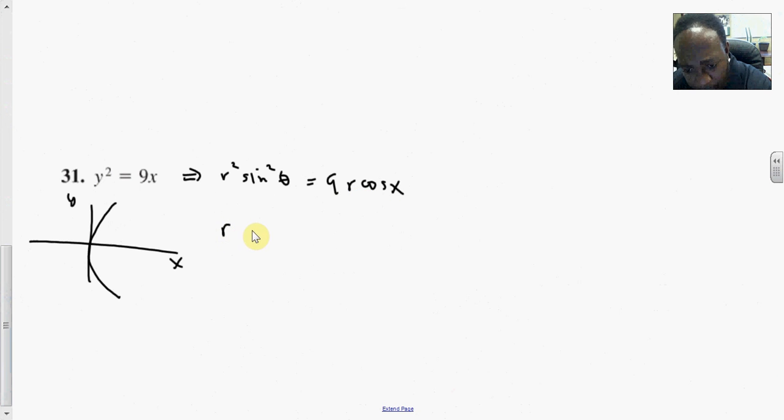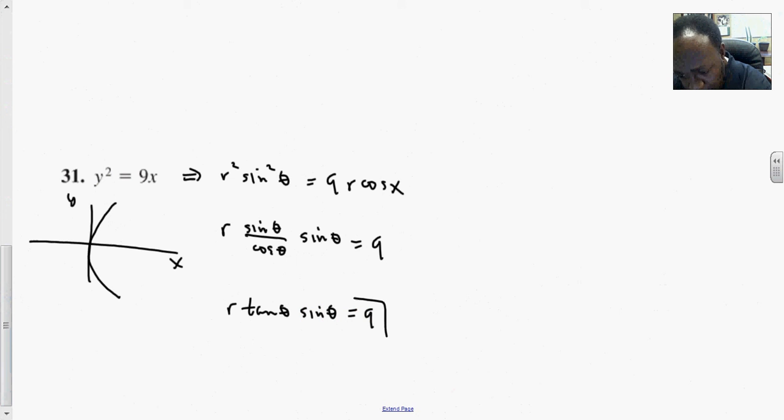So that leaves us with r, then we get sine theta over cosine theta. I know you're saying, what about the other side? I heard you. This sine theta there is equal to 9. So that becomes r times tangent theta times sine theta is equal to 9.